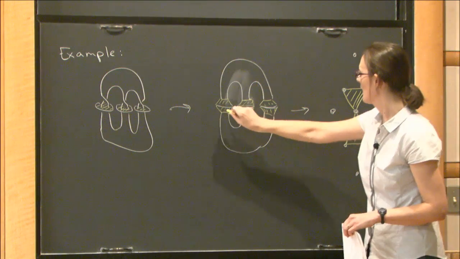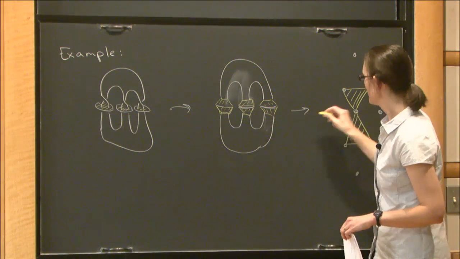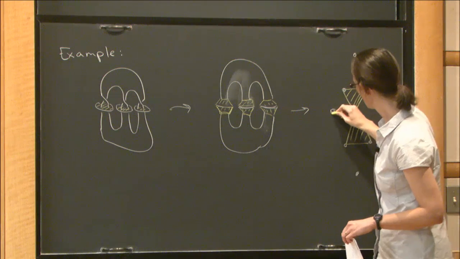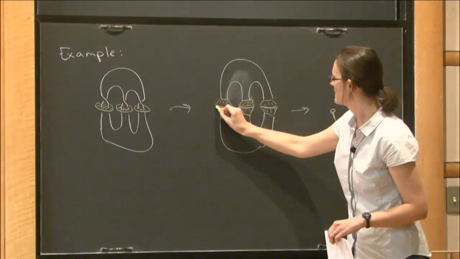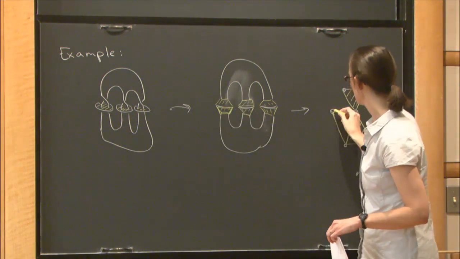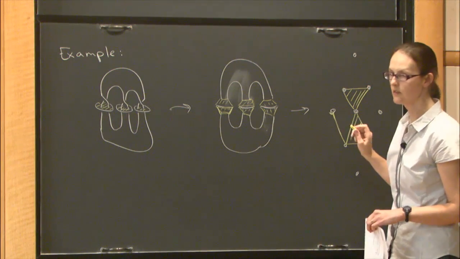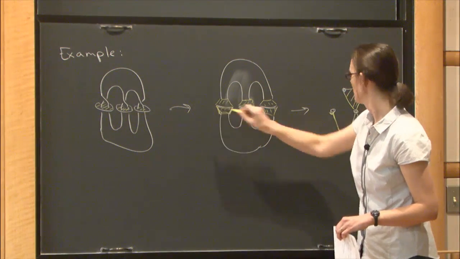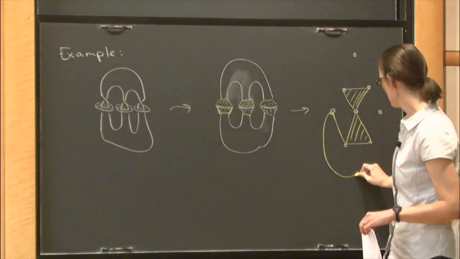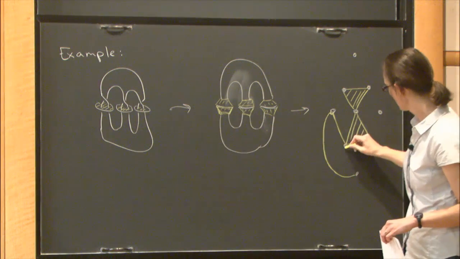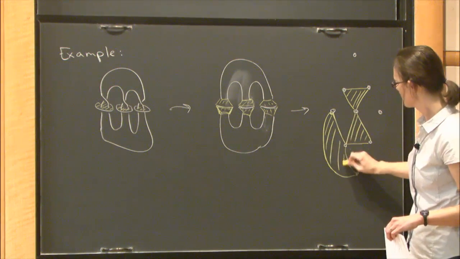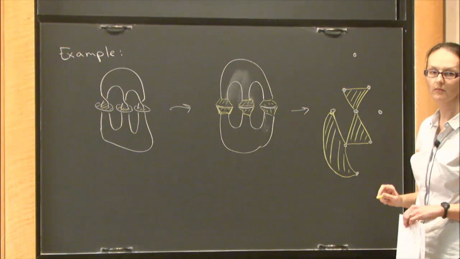Okay? This triangle has an edge from here to here. This stripe just goes around an ideal vertex, so that doesn't go very far. There's an edge from here to this other vertex over here, and then there's an edge connecting like so. So we get a triangle that looks like that, right?